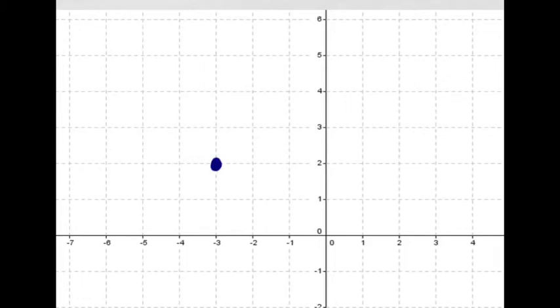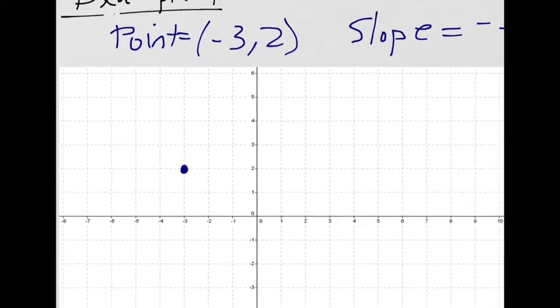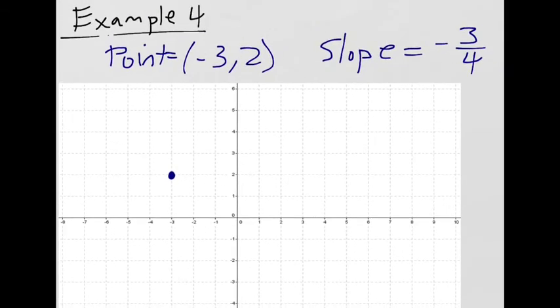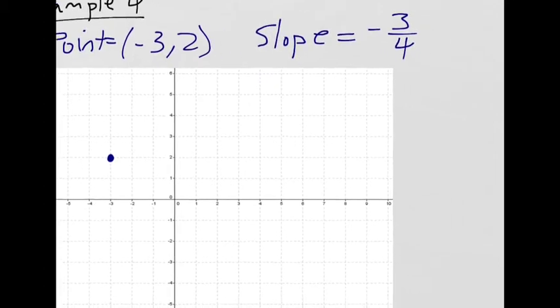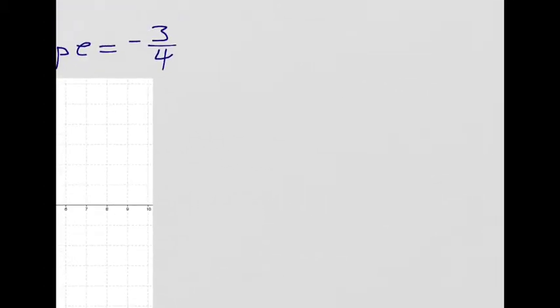And I know that there's a line running through that dot that has a slope of negative 3 over 4. Here's how to use the slope as a set of directions for how to draw that line. The rise tells us how far to go vertically. We go up if it's positive, or down if it's negative.